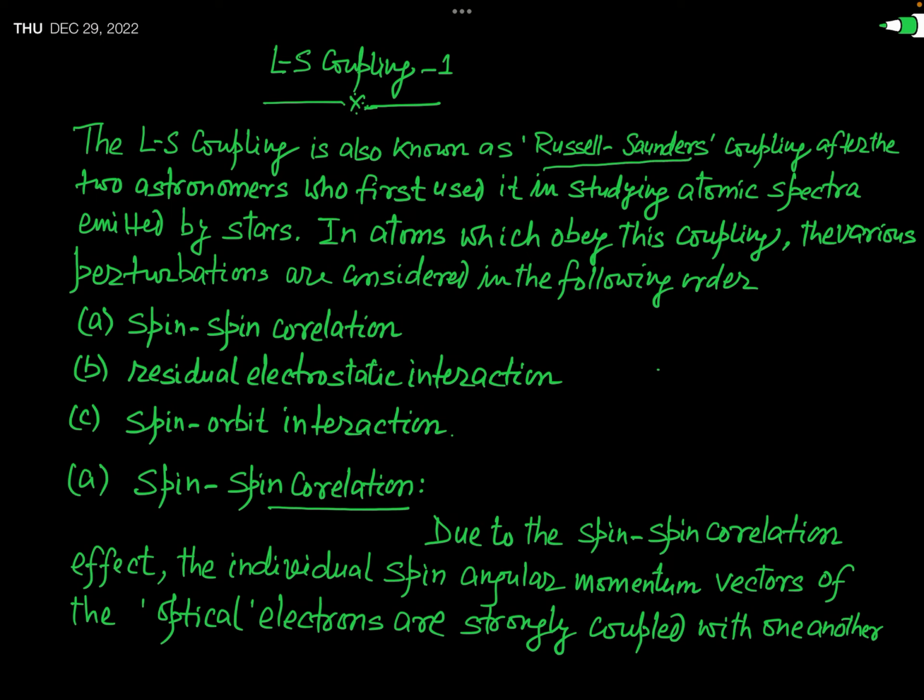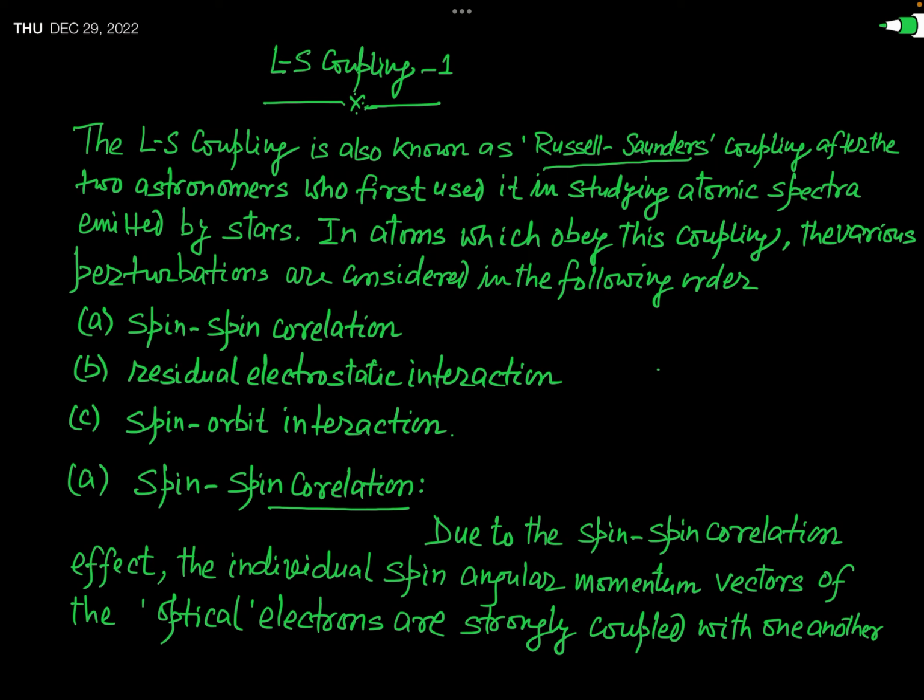Russell and Saunders were two astronomers who first studied the atomic spectra emitted by stars, and while studying them, they used the concept of this LS coupling. That's why we also call this LS coupling Russell-Saunders coupling.